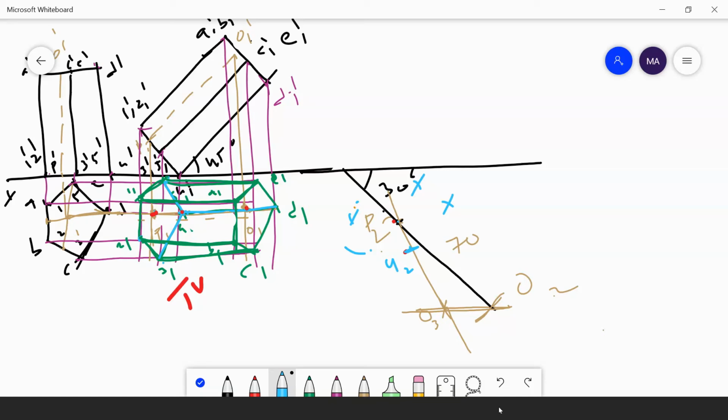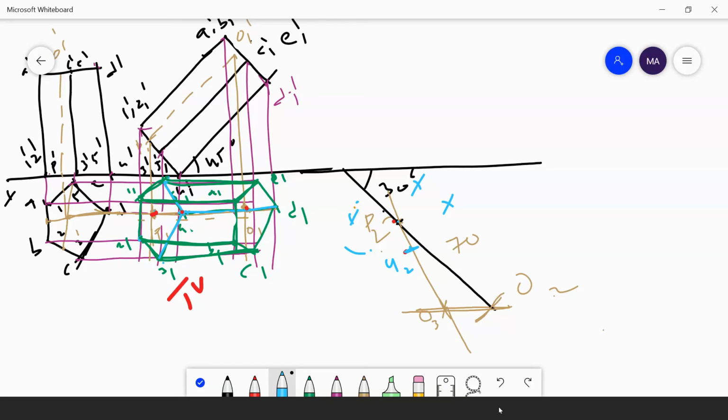In the same manner, this one will be your hidden line. So, I am indicating with a blue color.